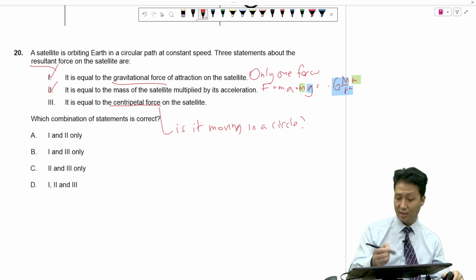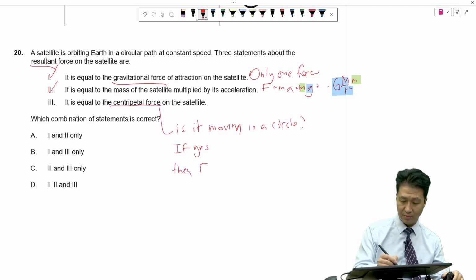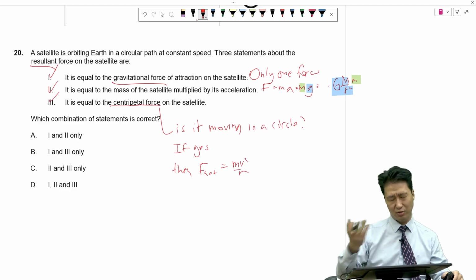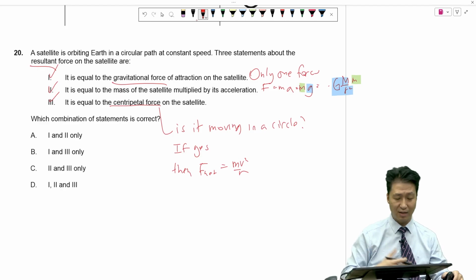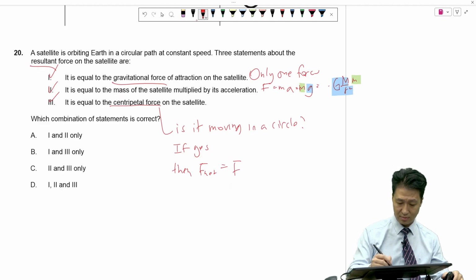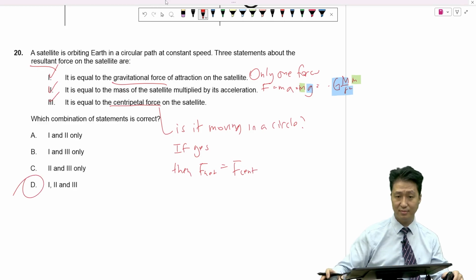If the answer is yes, then net force also equals mv squared over r, centripetal force. Satellites go in the circles, which is assumed in the IB syllabus, so it has to equal to the centripetal force. The answer is all 3, D.